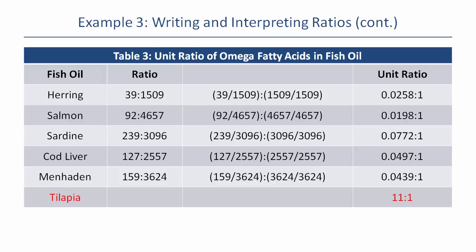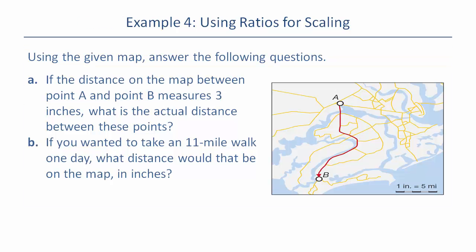If we turn them all into unit ratios so we can actually compare apples to apples, so to speak, we see that instead of 11 to 1, we get these decimal ratios, really small amounts to 1. So tilapia is bad according to this article, and it's really, really bad according to this article because the differences are really quite large. How about another example using maps?